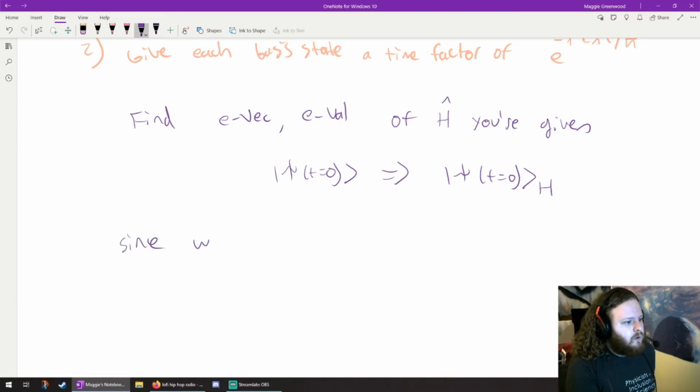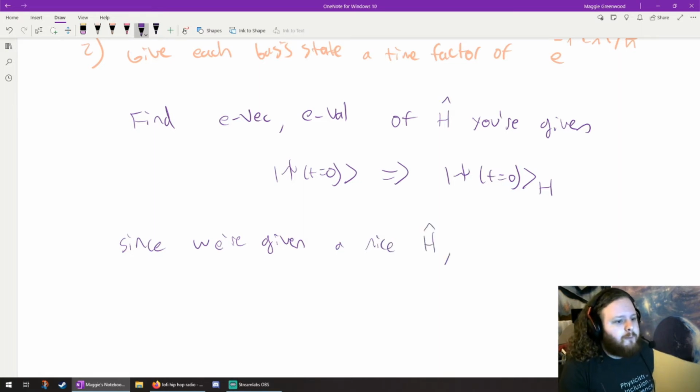Since we're given a nice H, beautiful H, gorgeous H, we don't need to, so this process right here, finding the eigenvectors and eigenvalues, is known as diagonalization. So we don't need to diagonalize. No need to diagonalize.